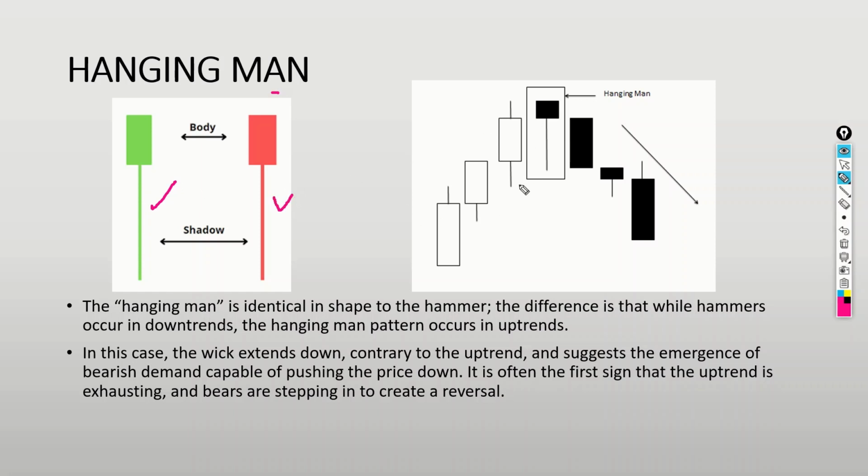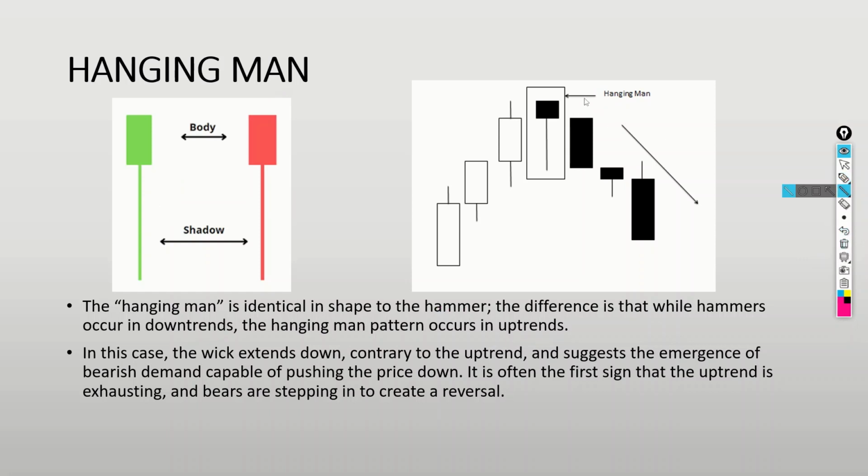It looks like a hammer, but it's called a hanging man. So the hanging man is identical in shape to the hammer. The difference is that while hammers occur in downtrends, hanging man occurs in uptrends. Is that clear?